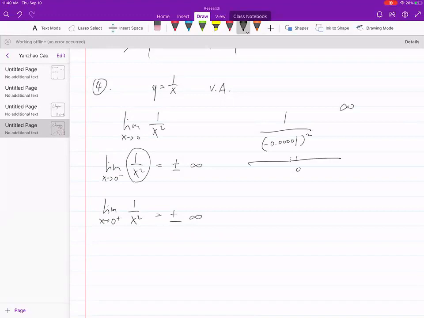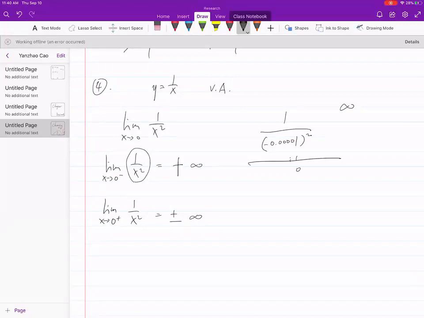Number 2, is it positive or negative? It's negative, but then you square it, so it becomes positive. So the left limit is positive. Sounds good?